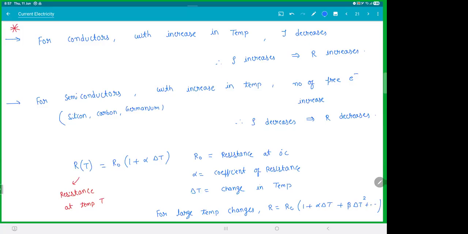Unless they mention otherwise, we'll take it to be a linear function. So this is one more formula to remember. There are a bunch of formulas. Alpha is negative for semiconductors because when you increase temperature, resistance decreases.